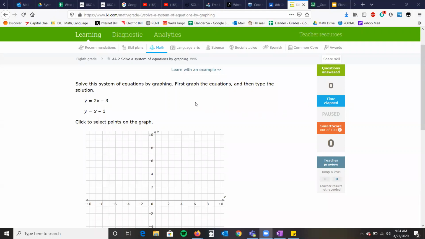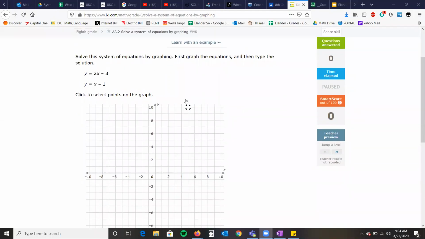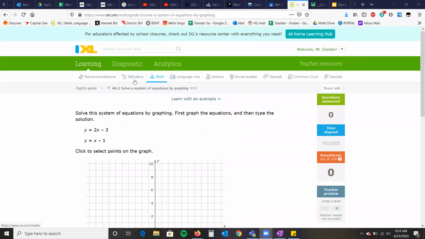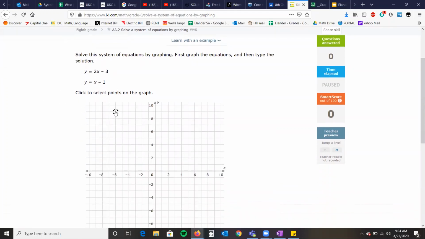Okay, so it was AA2. So that means if you're in math and then you go to 8th grade, and then AA2 to 80 SMART score. That was our objective or our goal. And if you haven't finished it yet, I encourage you to get that caught up. That way when I put that grade in, you get a good grade on it.